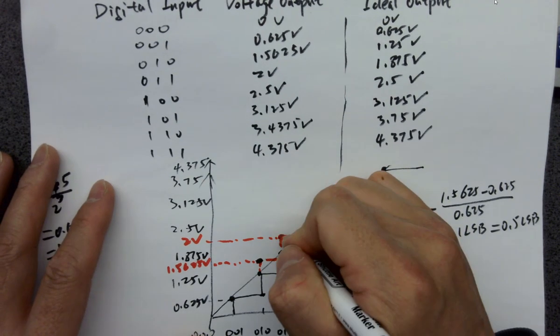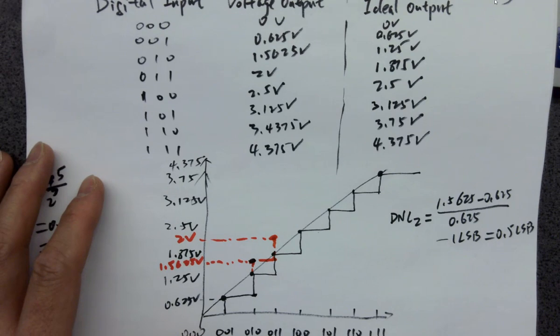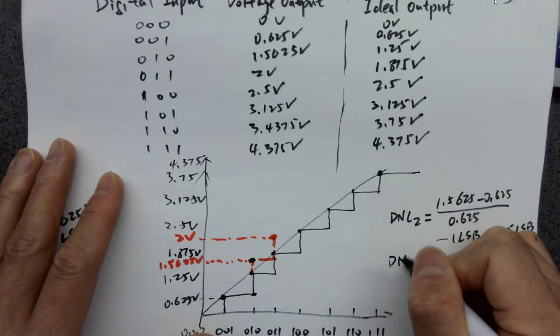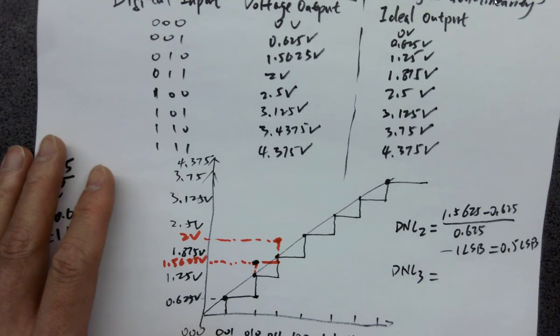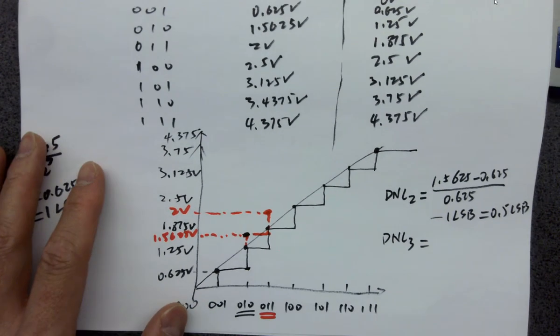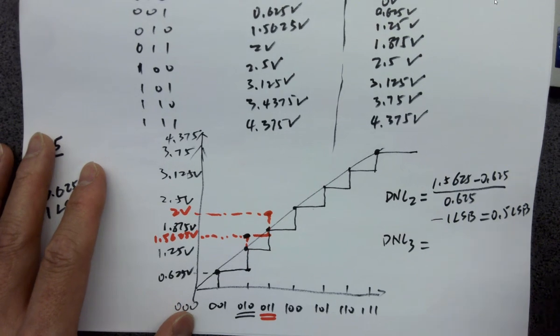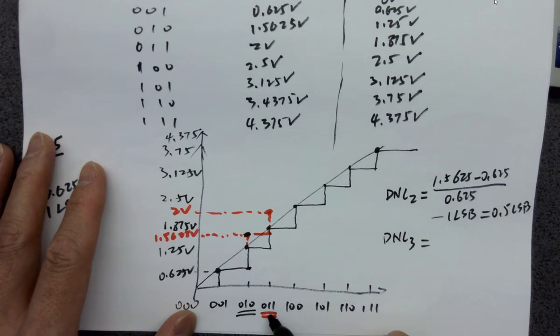So how to calculate the DNL here? If you look at the label, it should be labeled as DNL 3. It jumps at DNL 3, at the digital 3 input.